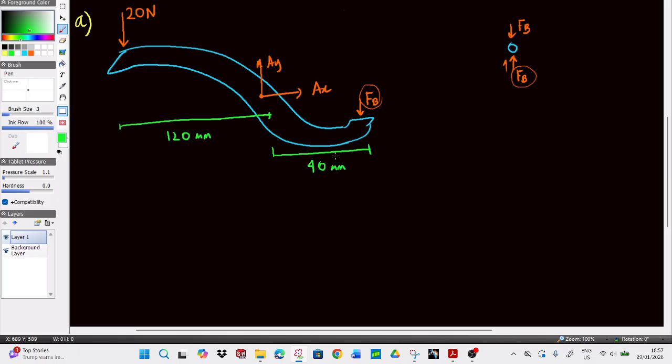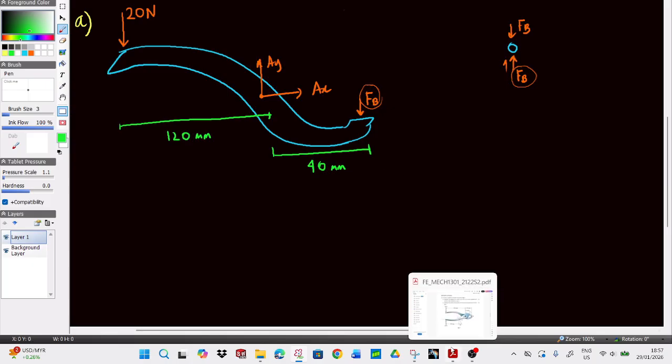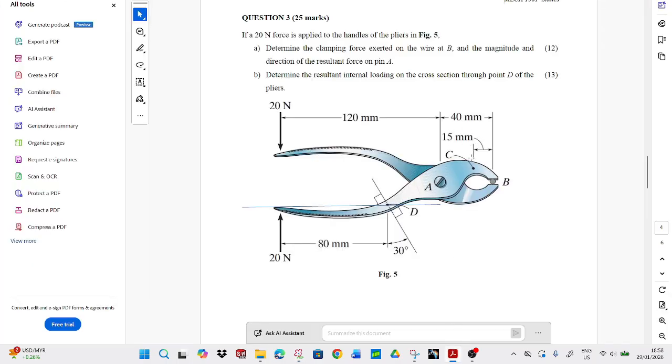Let's see, is there anything I missed out so far? This 15 millimeters from C to B is irrelevant for our case because it's not important to us. And this 80 millimeters from the 20 Newton to D is not relevant to part A at the moment. We'll see it later in part D. Is there any height difference?